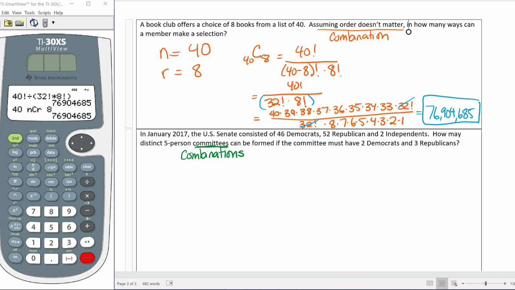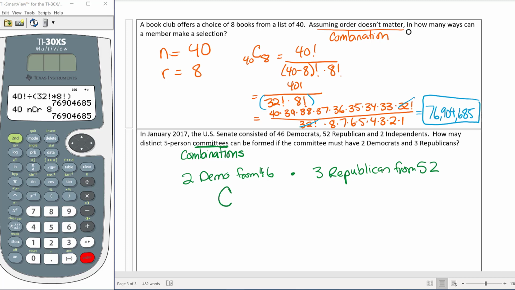I'm going to be using the fundamental counting principle and finding out how to get 2 Democrats, picking from a list of 46, and then multiplying that by the number of choices of 3 Republicans, again from how many Republicans? 52.